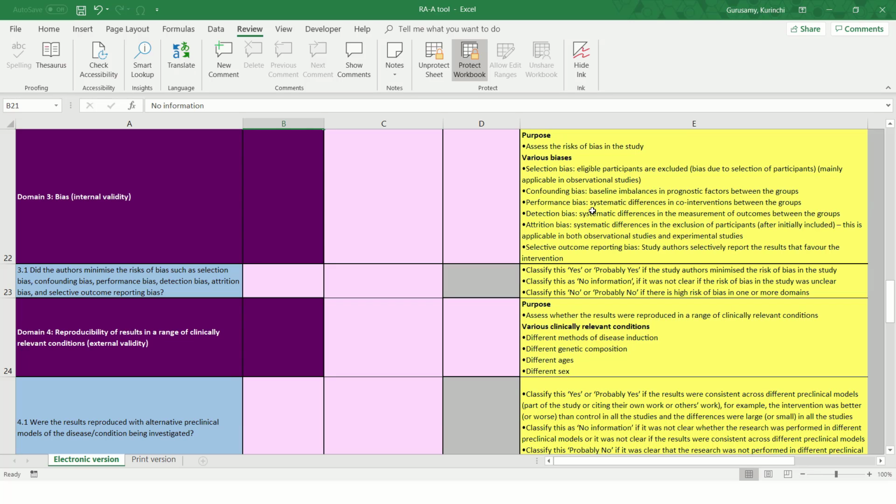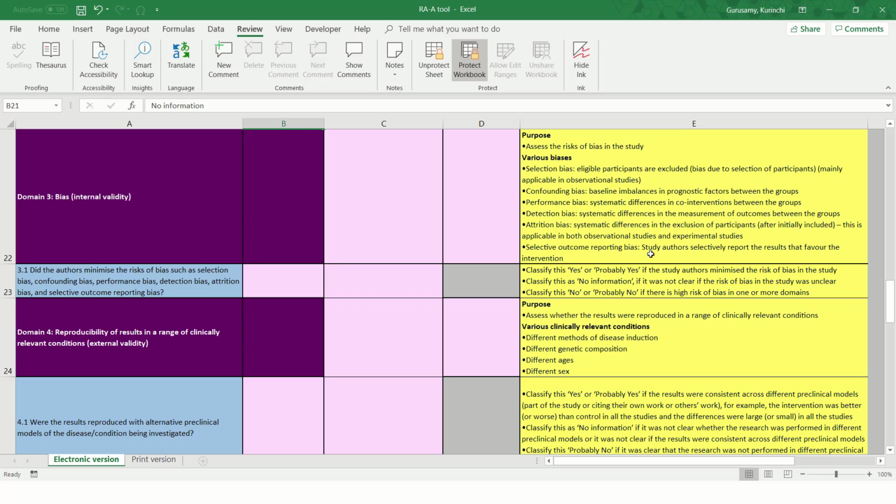We don't know about confounding bias. We don't know whether the treatments that the two groups received are different. We don't know whether there was a difference in the way the outcomes were measured. We certainly don't know if any subjects were excluded.